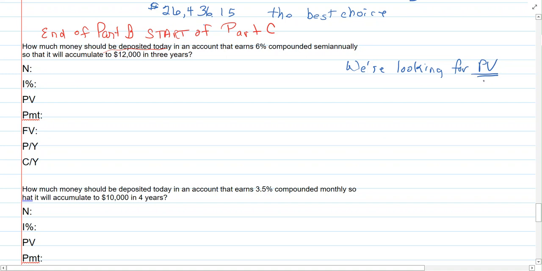So this will be our zero. So we're going to say zero right here. What is deposited today in an account that earns 6%? So we've got our I percent to equal 6%, compounded semi-annual, N is 2 for semi-annual.